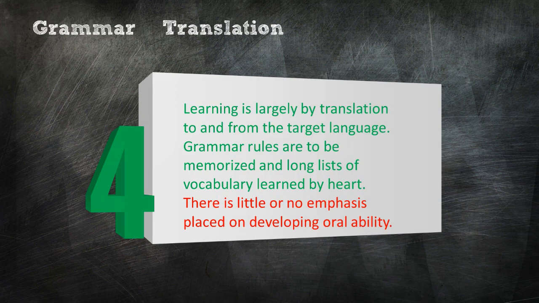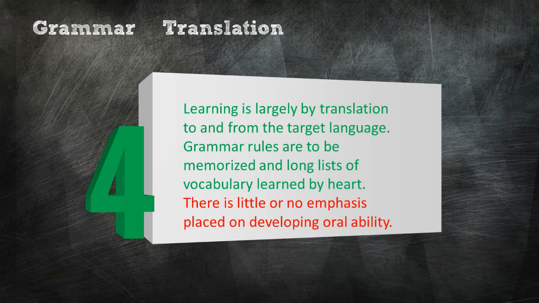And finally, grammar translation. Learning is largely by translation to and from the target language. Grammar rules are to be memorized and long lists of vocabulary learned by heart. This is probably very familiar to you. There is little or no emphasis placed on developing oral ability.